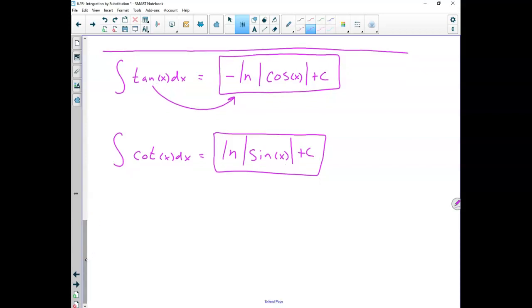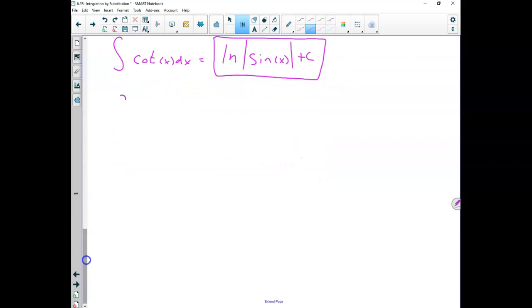And the reason for that is simply because the way to rewrite a cotangent is cosine x over sine x dx. So now u is going to equal sine x, which means du equals cosine x dx, which means my dx equals du over cosine x.